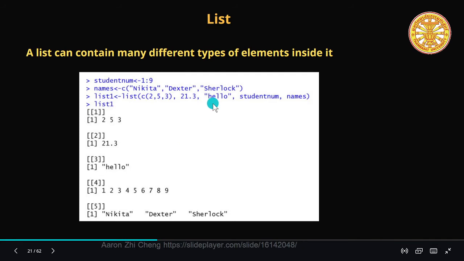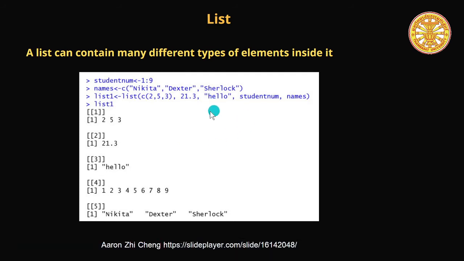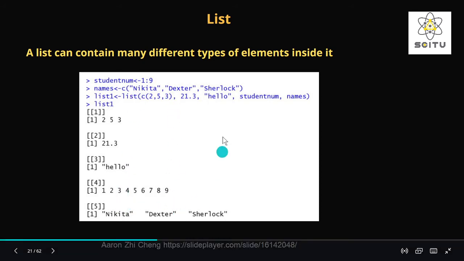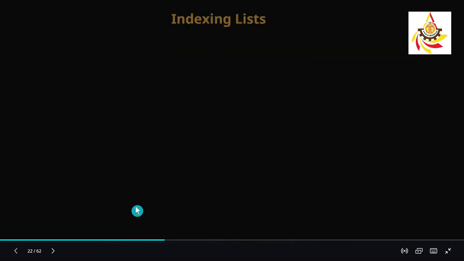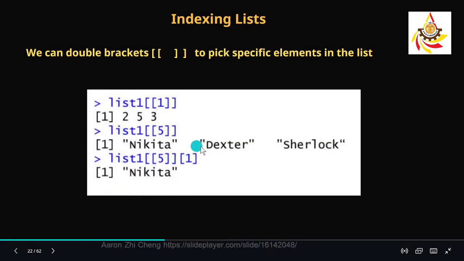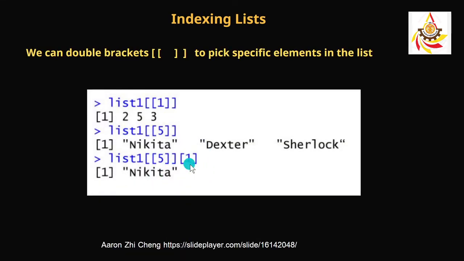It will show names: Nikita, Dexter, and Sherlock. And if you specify Nikita, you use the next bracket and call the value column 1 from list 5.